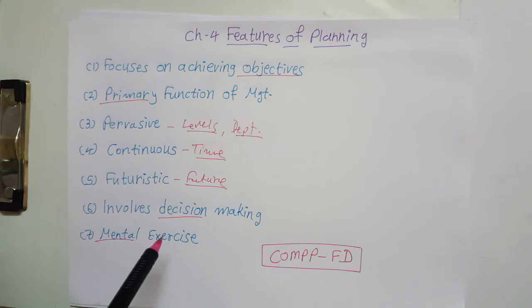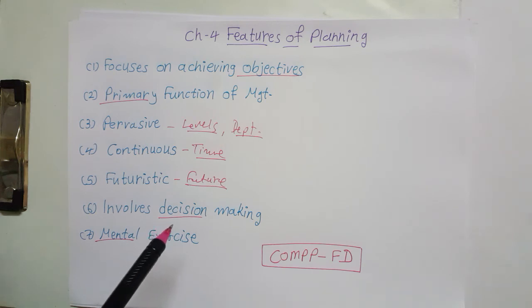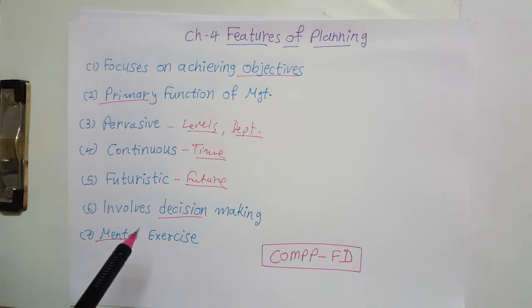Next is that it is a mental exercise. Planning requires the application of mind. In this we have to use foresight, intelligent imagination, and sound judgment while doing the planning. So we can say it is an intellectual activity of thinking about what we are going to do, and for that purpose what kind of action is required, that also we are deciding.